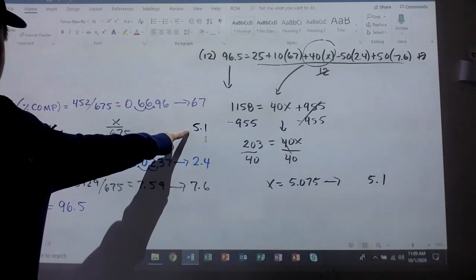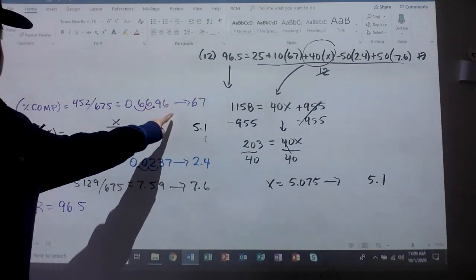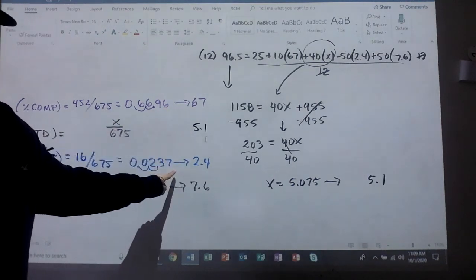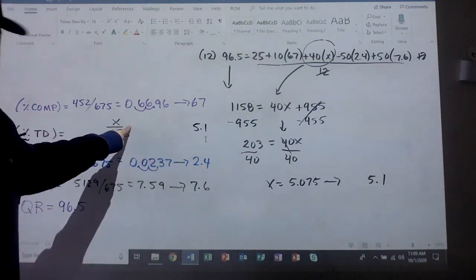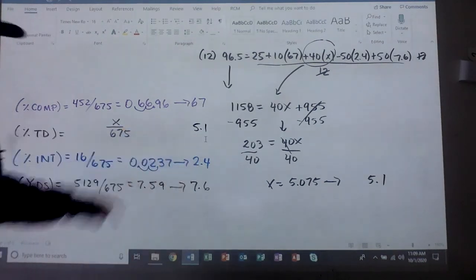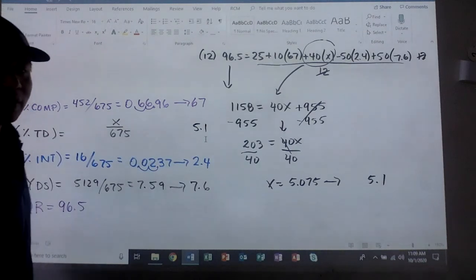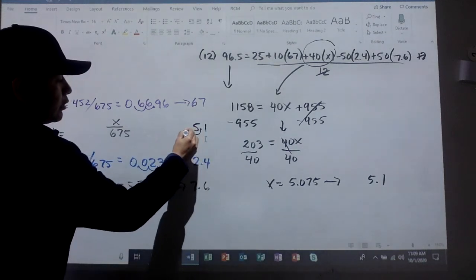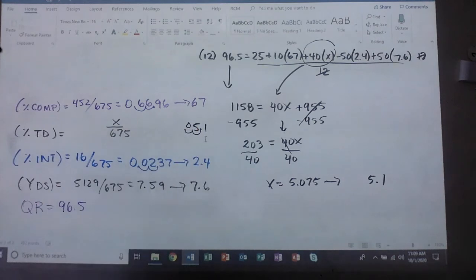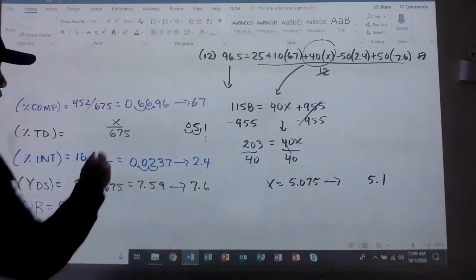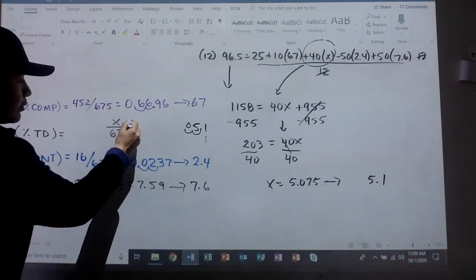But in order to get here, did you notice that I kept moving the decimal twice? So in order for me to actually figure out this X, I gotta move back. I'm gonna move the decimal back twice. So in reality, that's what I'm dealing with, and I'm gonna set it equal to this.